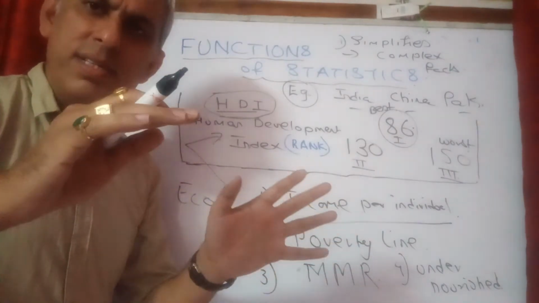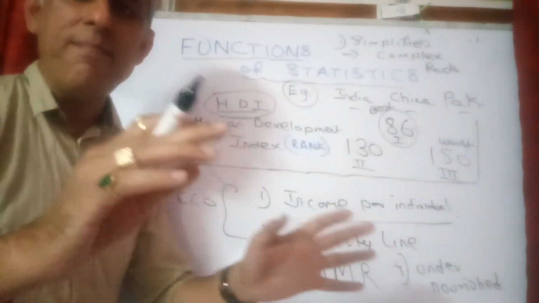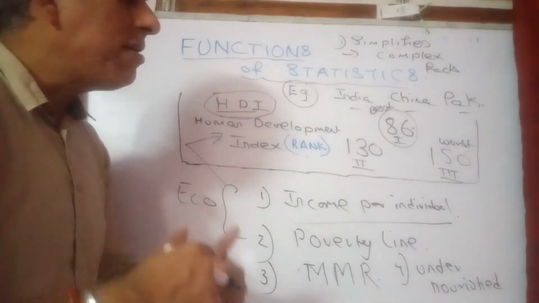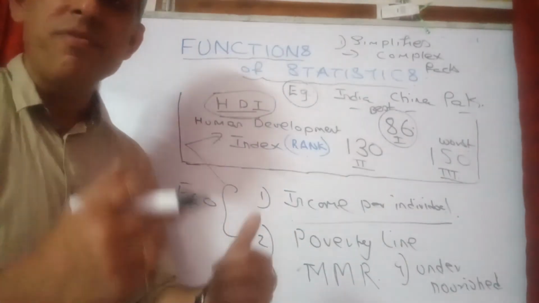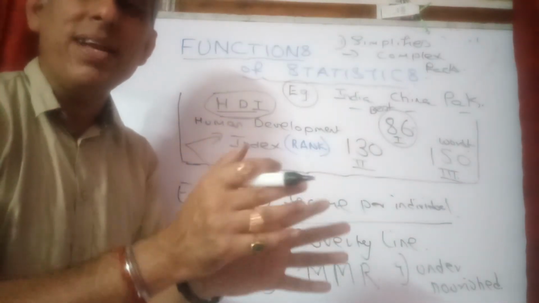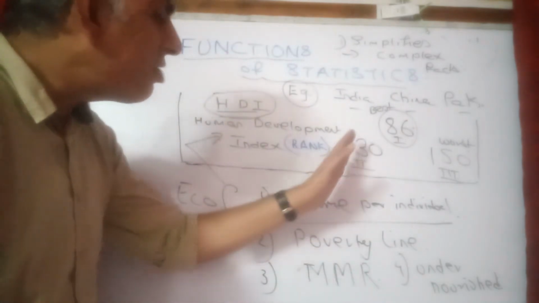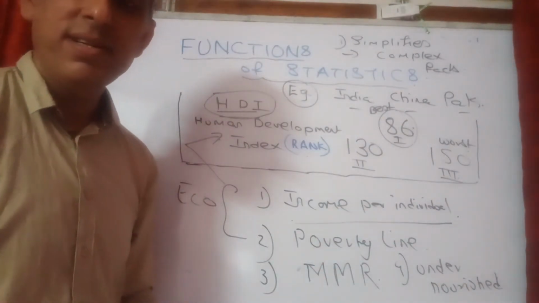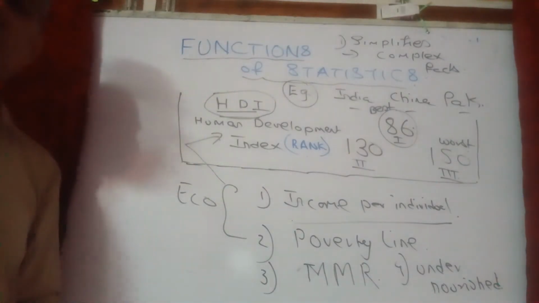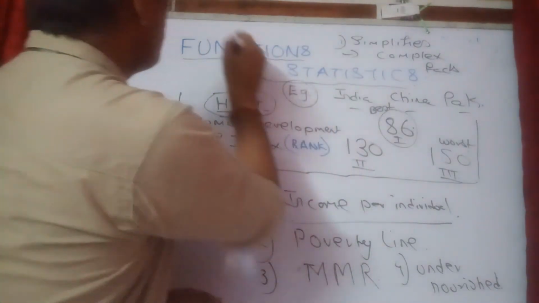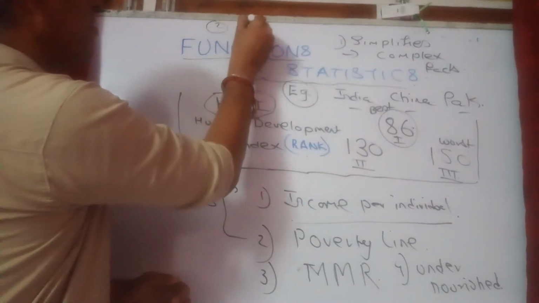But such terms are generally not a proper depictor of where a particular country stands, right? The better indicators are the quantifiable indicators, which are numerically expressed. So one of the strengths of statistics is that it makes the figure present quantitatively.